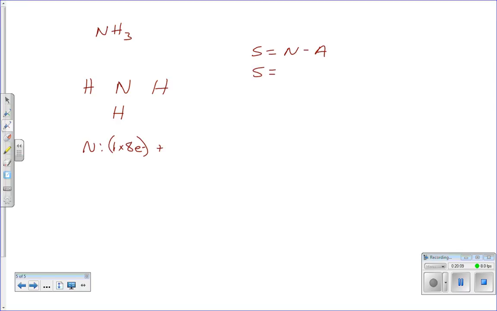But remember, the hydrogens only need 2. So if you see a hydrogen in your molecule, then as far as the needed goes, you have to put however many hydrogens you have in that molecule times 2 instead of 8. All right, 3 times 2 would be 6, plus we have the one nitrogen that needs 8, so we need a total of 14 electrons.